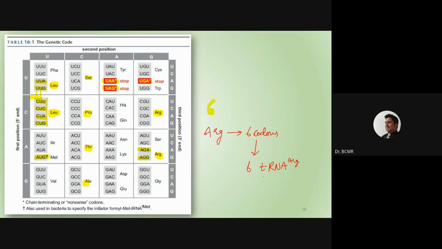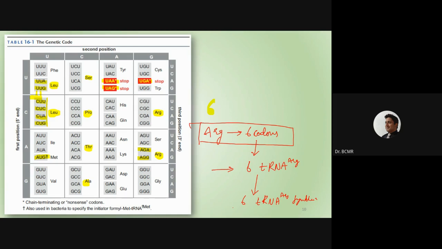If you expect 6 different tRNAs, theoretically you would also expect 6 arginine tRNA synthetases. That's not actually true. You have arginine coded by 6 codons, and you can have 6 tRNAs or even fewer, which we will discuss later on.